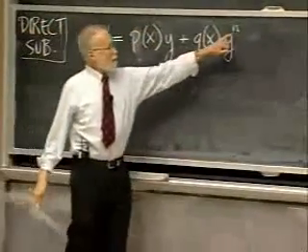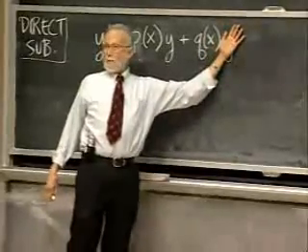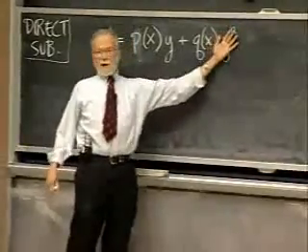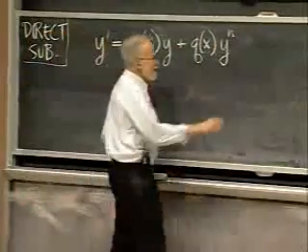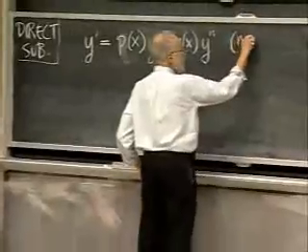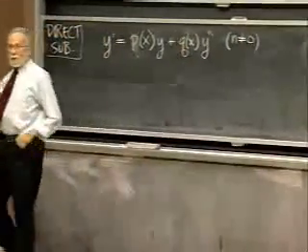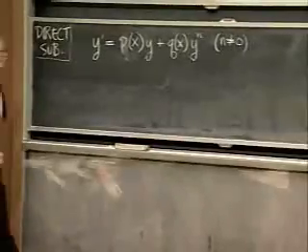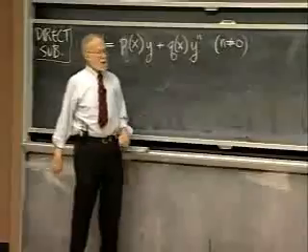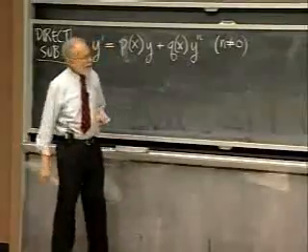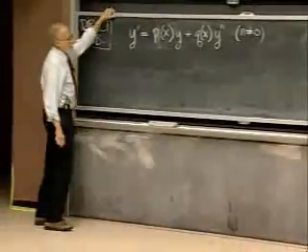Notice, if n were 0, y to the n would be 1, and this would be a linear equation, which you know how to solve. So let's assume n is not 0, so that we're in new territory. If n were equal to 1, you could separate variables, so that too is not exciting, but it will be included in what I'm going to say now.